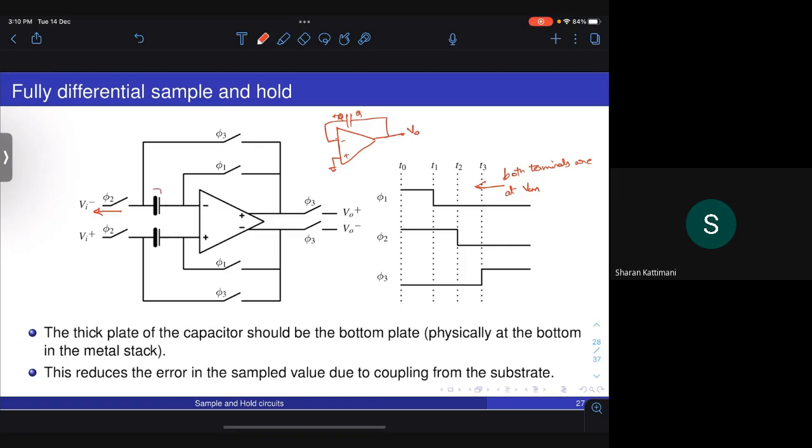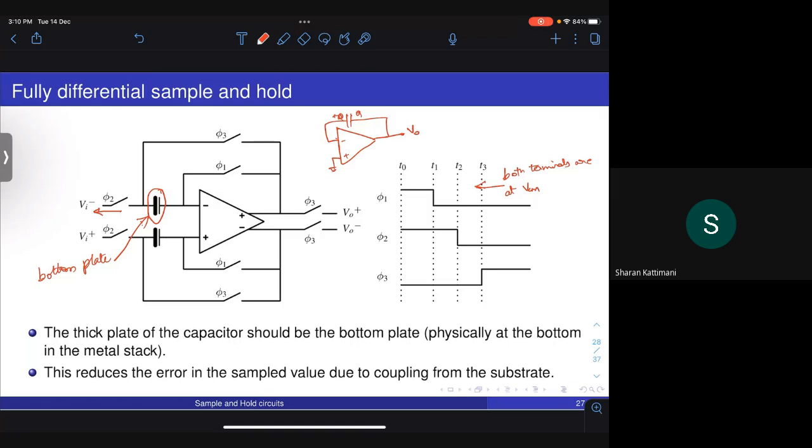Now, this capacitor here is shown with one plate quite thick and the other plate quite thin, because the thick plate is what I want to represent as the bottom plate. Okay, when I say bottom plate, this is different from what I discussed earlier. This is different from the bottom plate sampling.